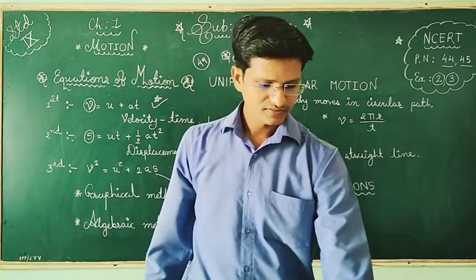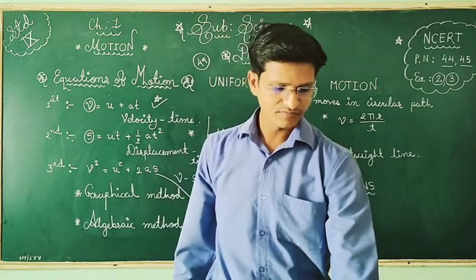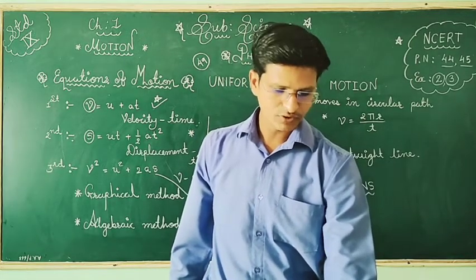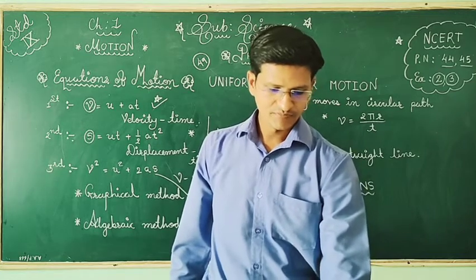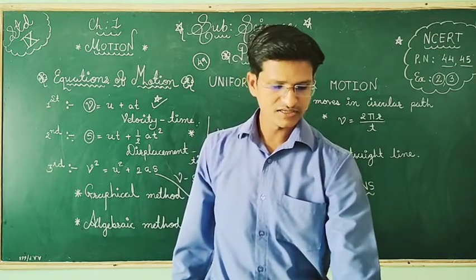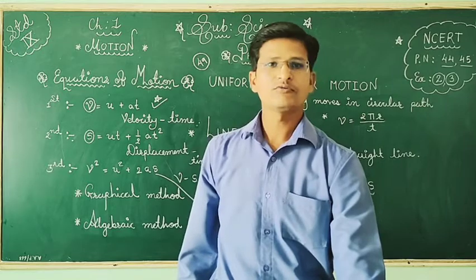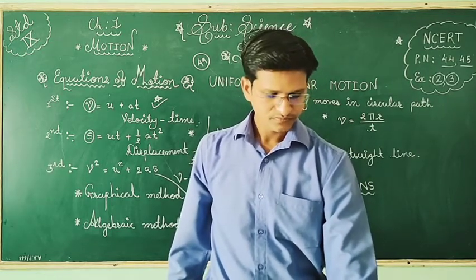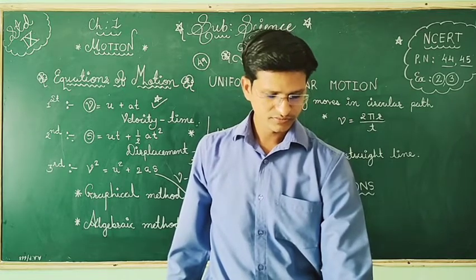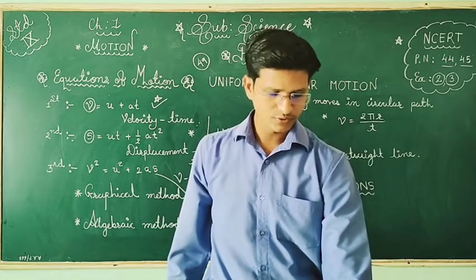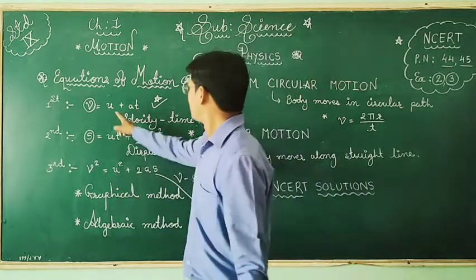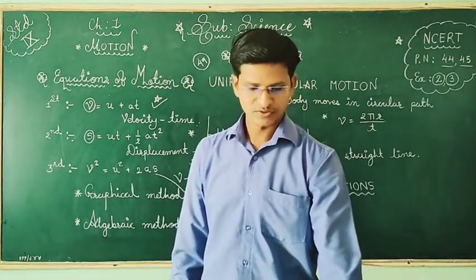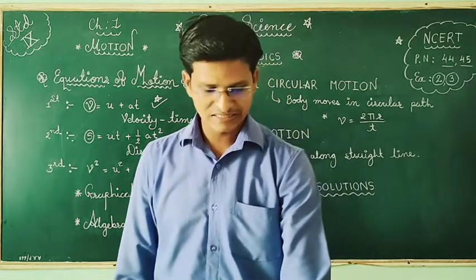Here a train starting from rest attains a velocity of 72 km per hour in 5 minutes, assuming that the acceleration is uniform. First we have to find the acceleration, and second the distance. First using the equation v is equal to u plus at, in that velocity is mentioned, so we will get the acceleration easily.